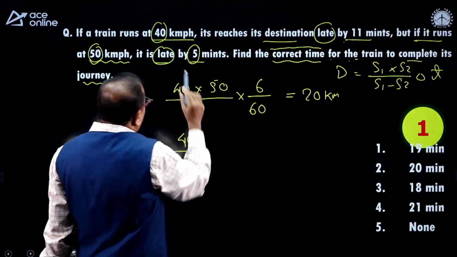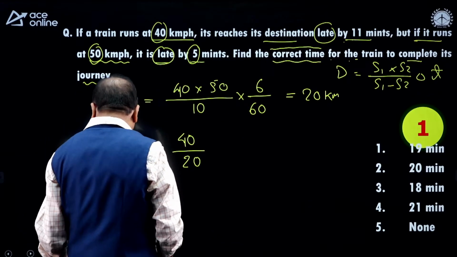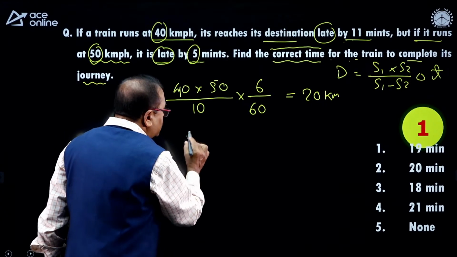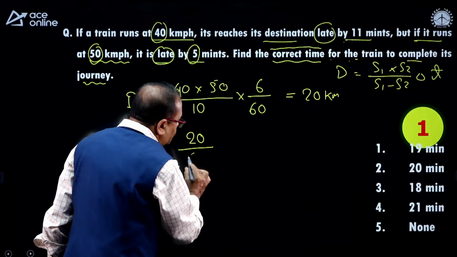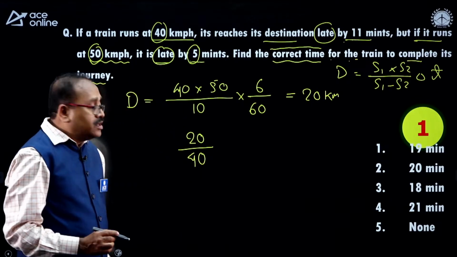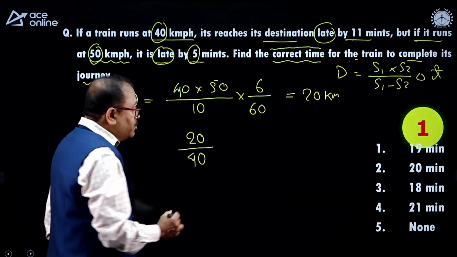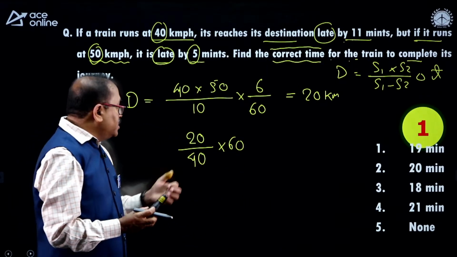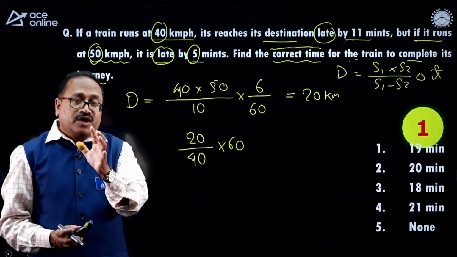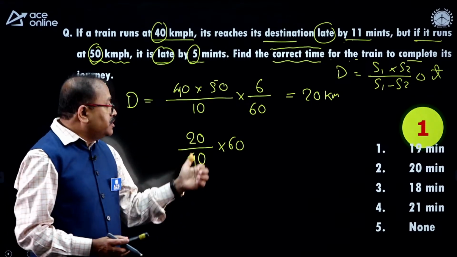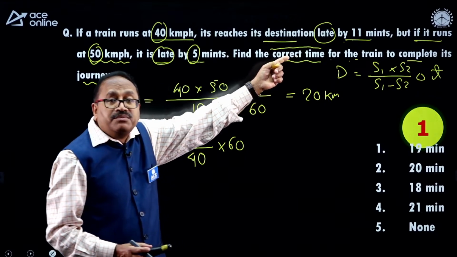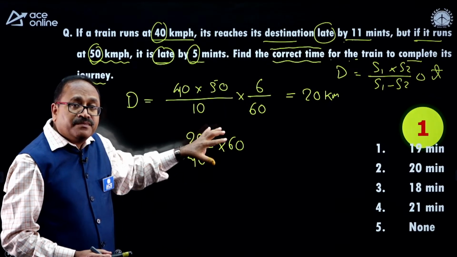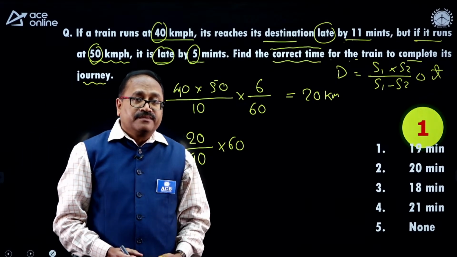The distance is 20 kilometers, whereas the speed is 40 kilometer per hour. So I am getting less than 1 hour, that is half an hour. Multiply this by 60, and you get the time when the distance is covered with a speed of 40 kilometer per hour. But in this case you are late by 11 minutes. So if I subtract 11 minutes from this time, I will get the right time.